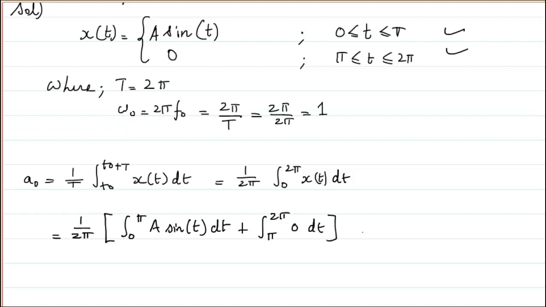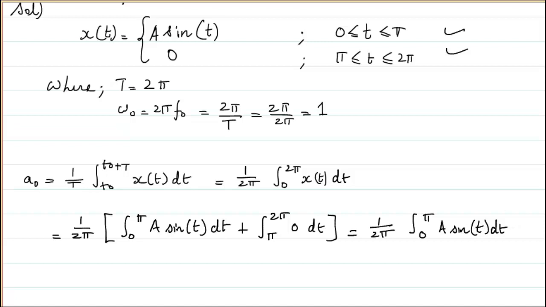We know that the integration of 0 is going to be 0. Correct? So I will write 1 by 2 pi integral 0 to pi a sine t dt.